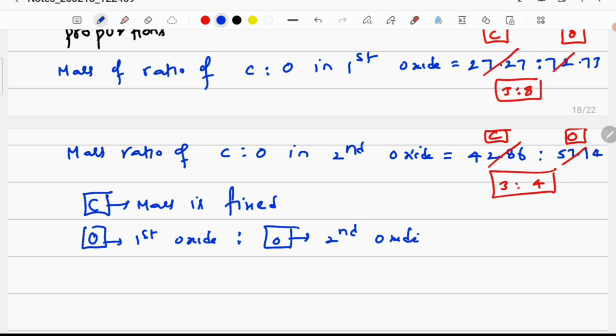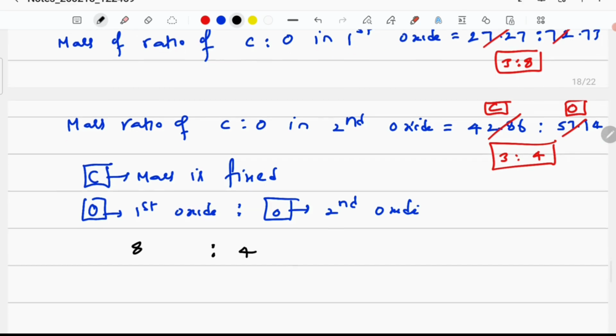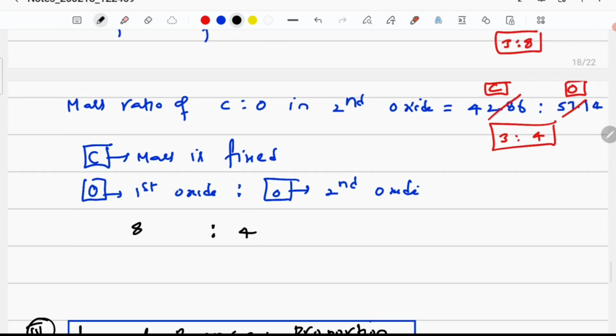This ratio we need to see. There it is 8, here it is 4. So 8:4, you can simplify and write 2:1, which is a simple ratio.